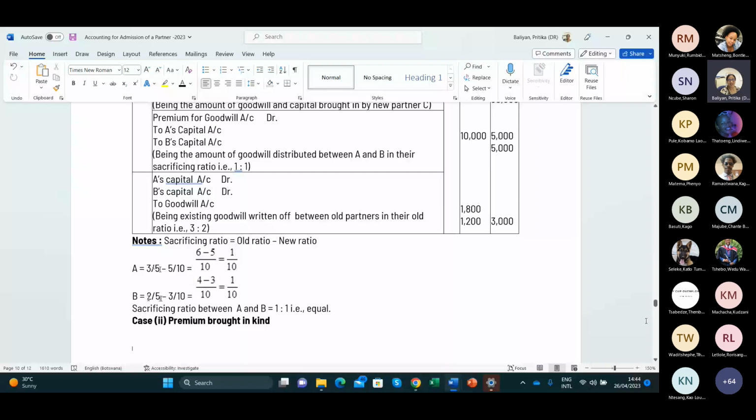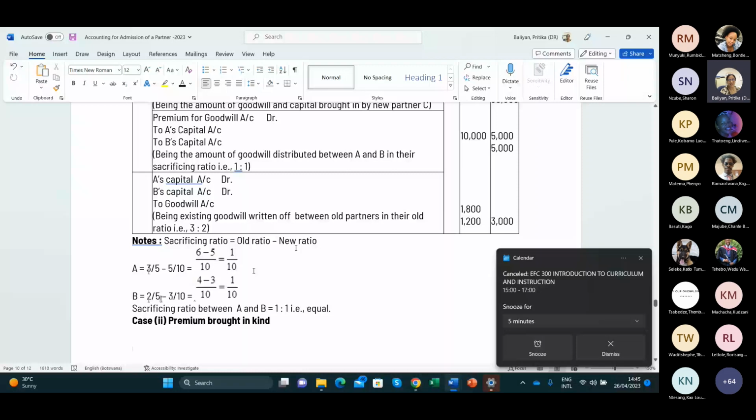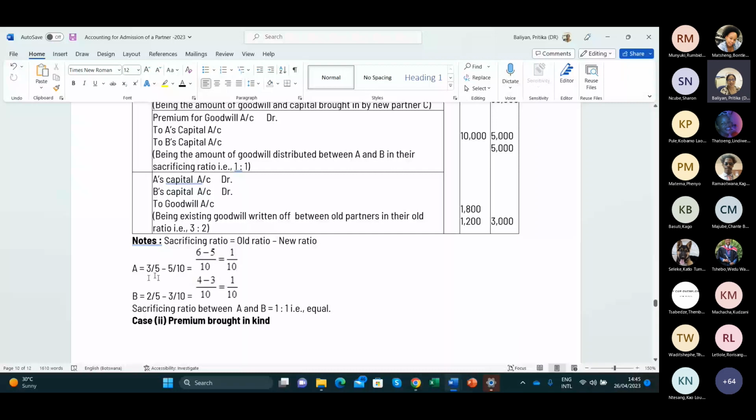The new ratio has become 5:3:2, so 5/10, 3/10, and 2/10. The sacrificing ratio we always calculate as old ratio minus new ratio. So for A, the old ratio is 3/5 minus 5/10. And for B, old ratio 2/5 minus new ratio 3/10.